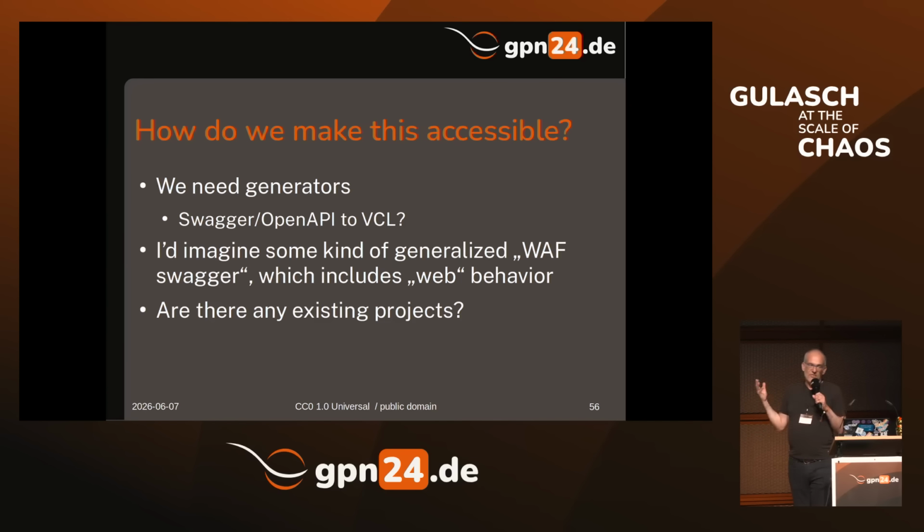But so far, we have really not made this accessible. We obviously need generators. A lot of commercial firewalls already have generators for their WAF rules to translate from OpenAPI. What I would really like to have is some kind of generalization to web, not just APIs.